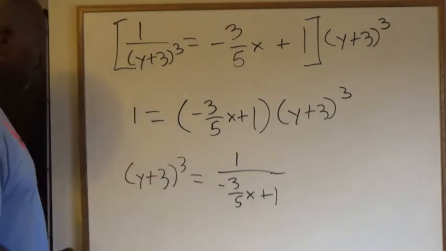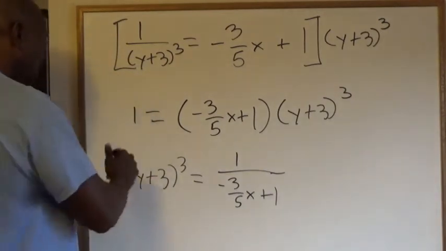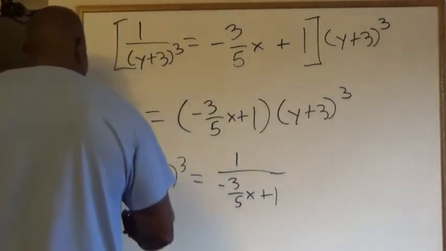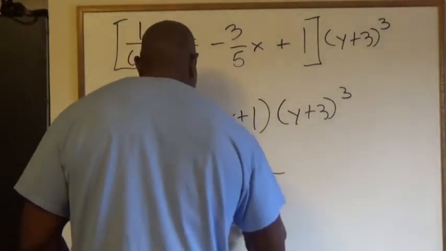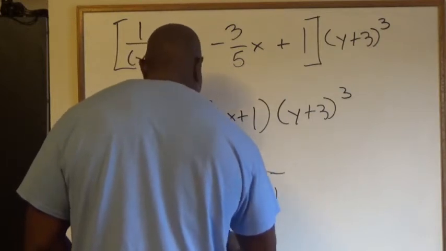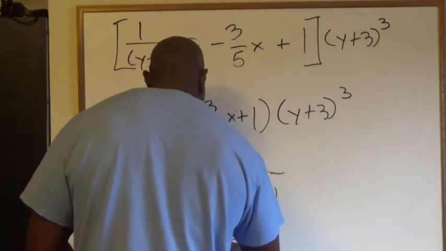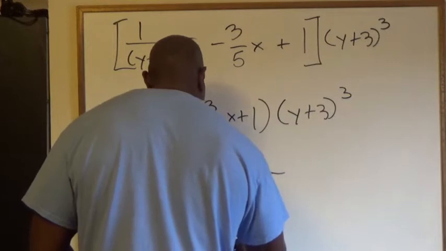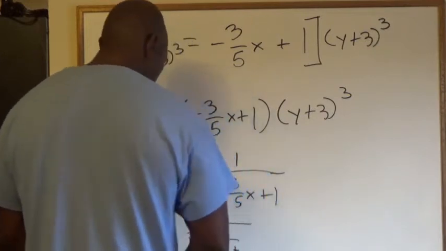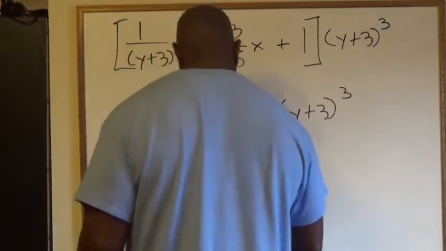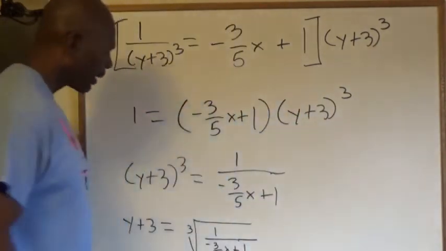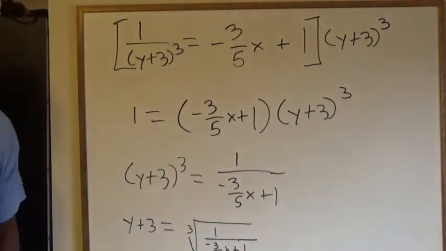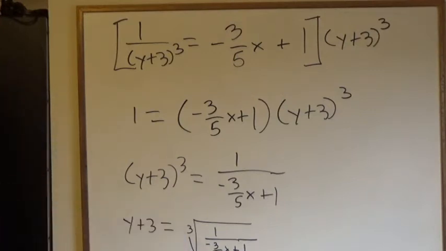Now I'll take the cube root of both sides. So I'm taking the cube root of both sides, and I'll get y plus 3 is the cube root of 1 over negative 3 over 5x plus 1. I know that the cube root of 1 is 1, but I'm still going to leave it like that.